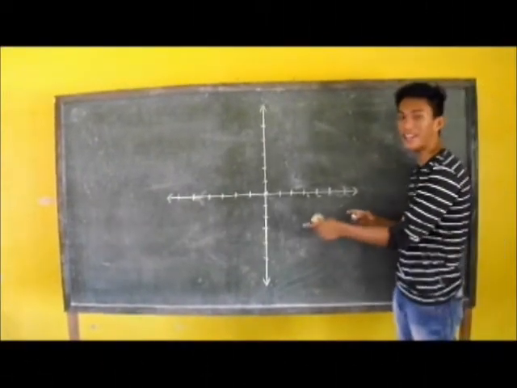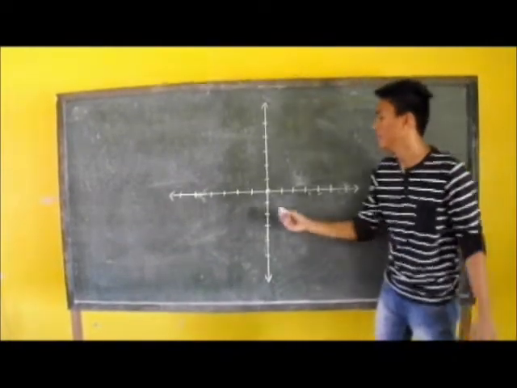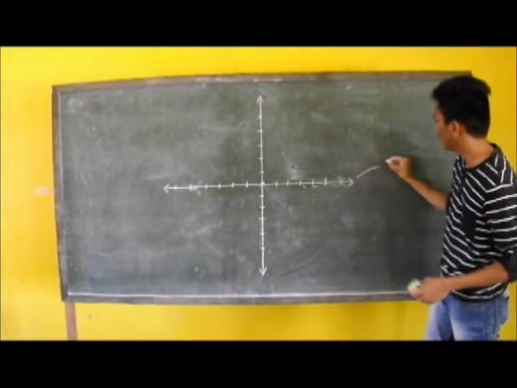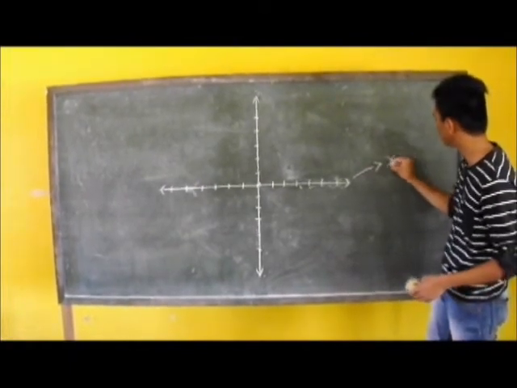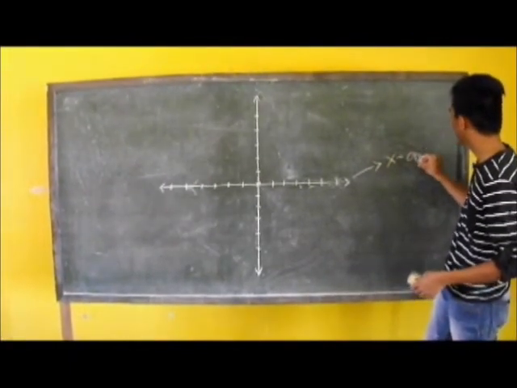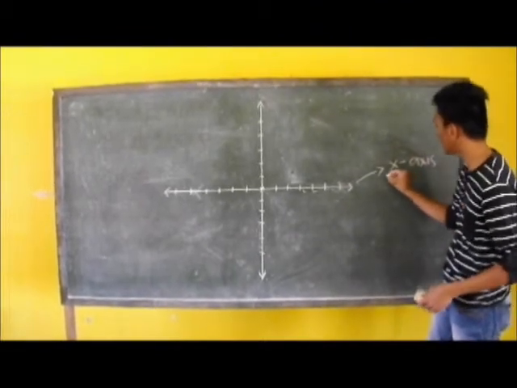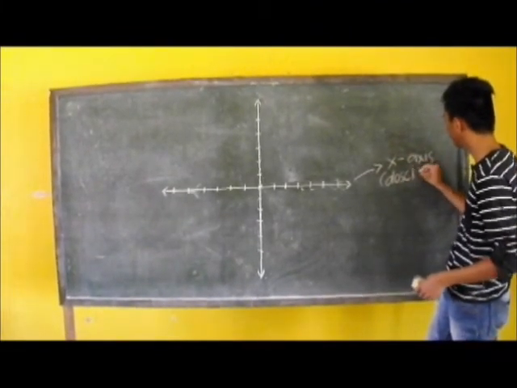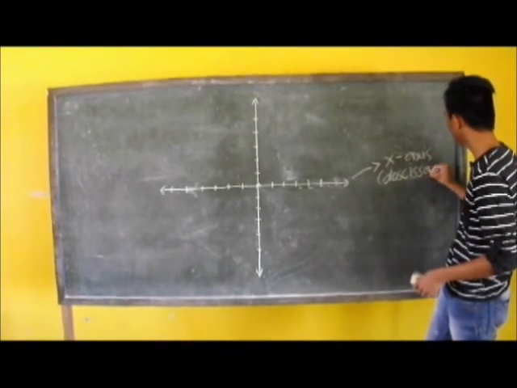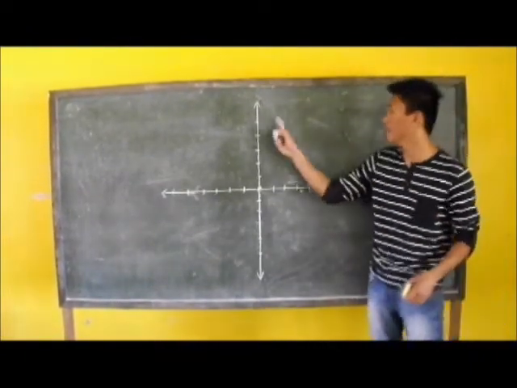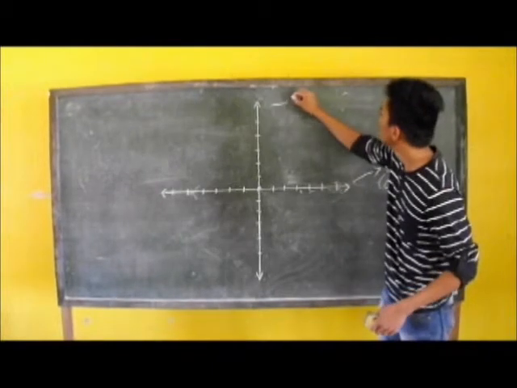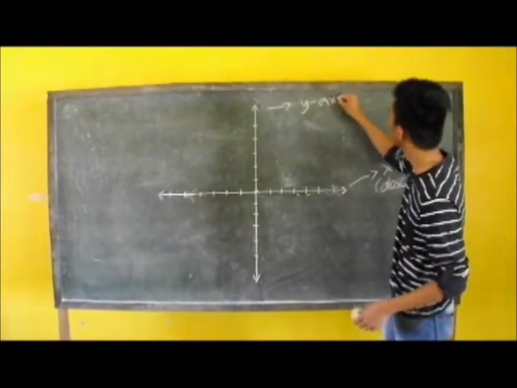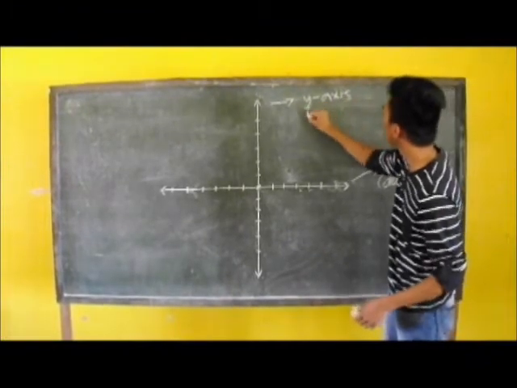This is a Cartesian coordinate plane. This horizontal line is what we call the x-axis or abscissa. And this vertical line is called the y-axis or ordinate.